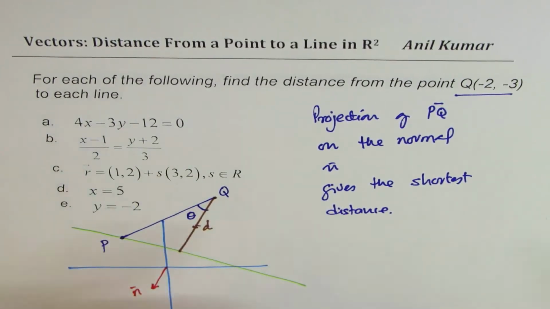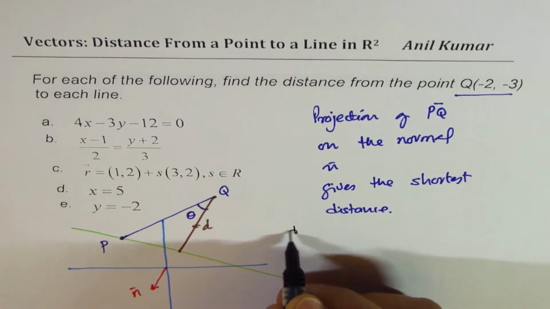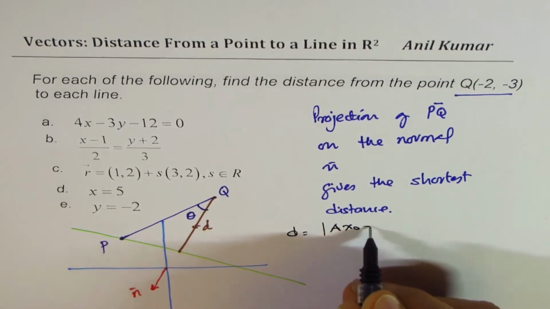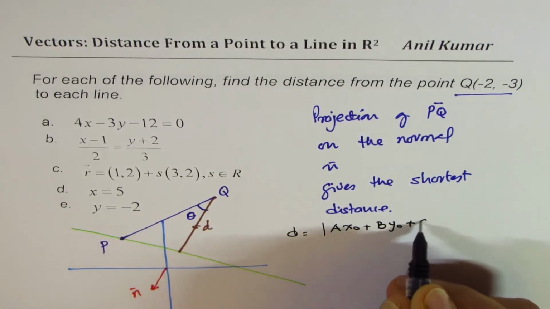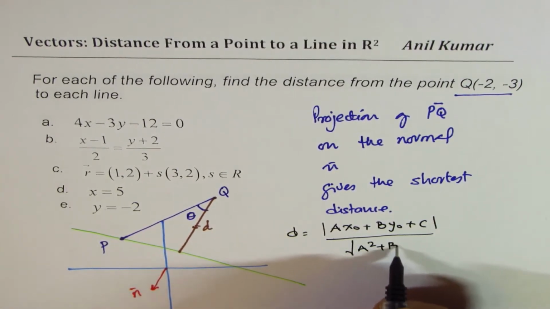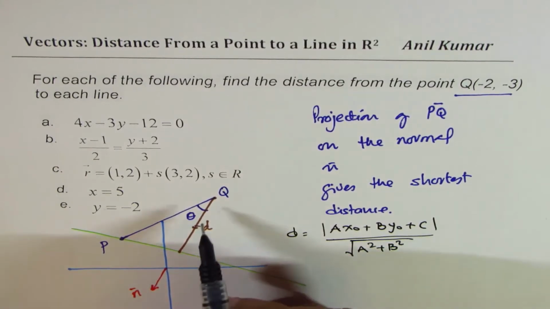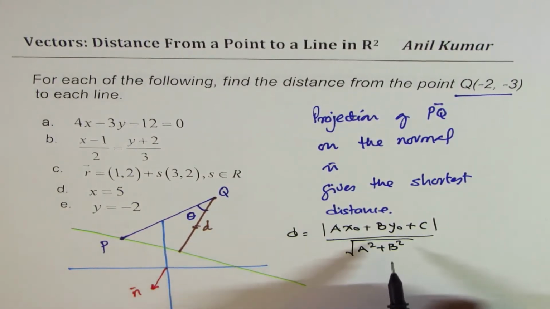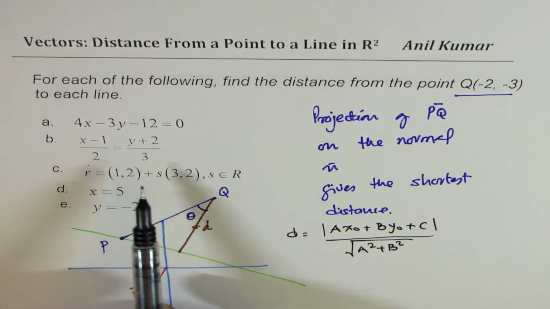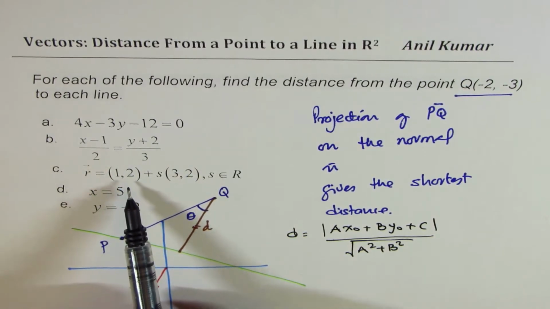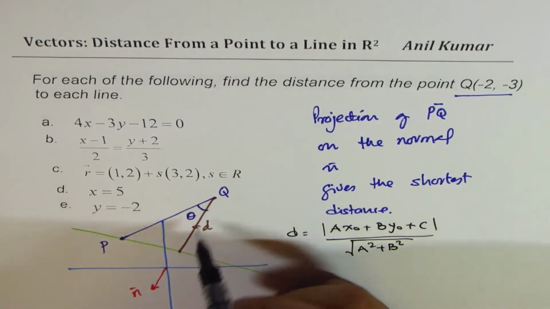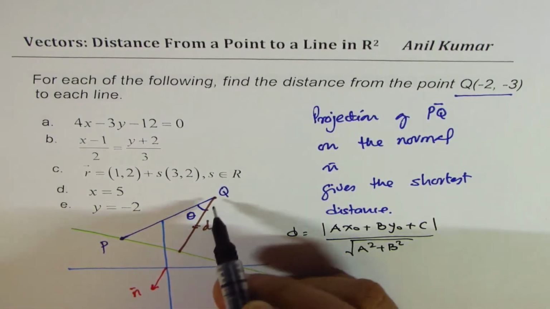So the two formulas which you could use are, in case you know the normal, like you have the scalar equation, then the shortest distance D could be written as the absolute value of Ax0 + By0 + C over the square root of A squared + B squared, the unit vector along the normal. If you don't know the normal, that is, if you are working with parametric, symmetric, or vector equations, you could get the projection using the dot product.